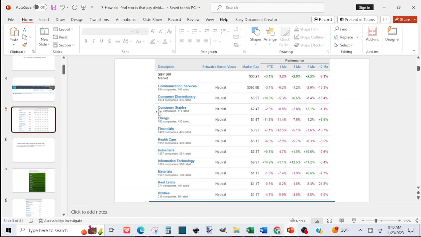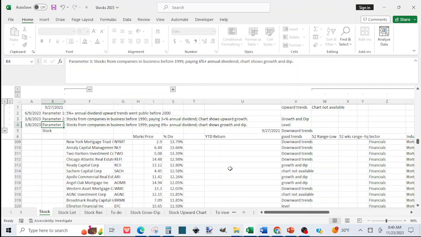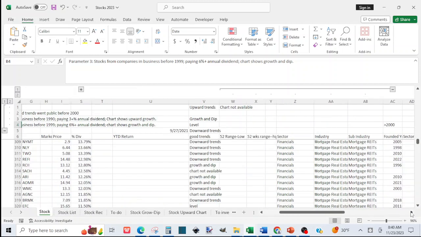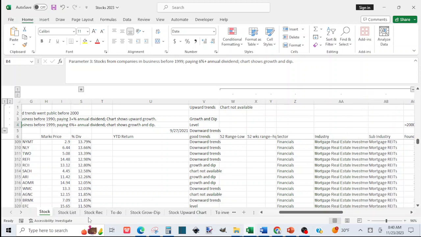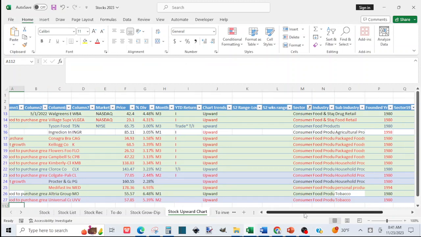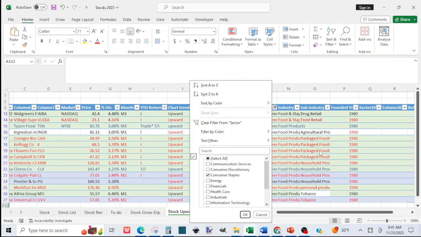You have the stock market, and that's why you manually record on your investment spreadsheet the sector, the sub-industry, and the industry, so that you know all the sectors that you have.